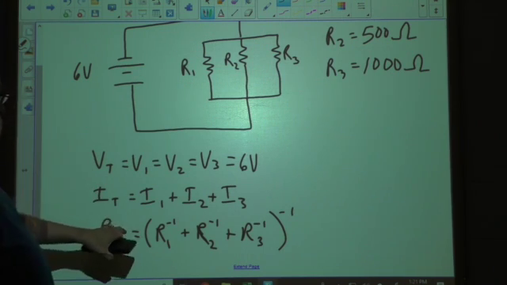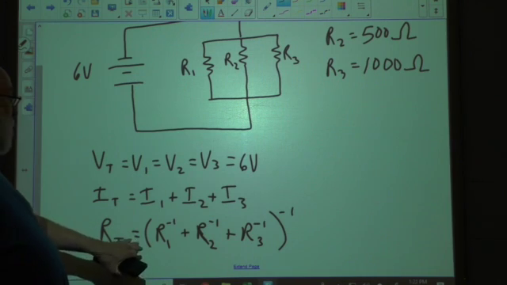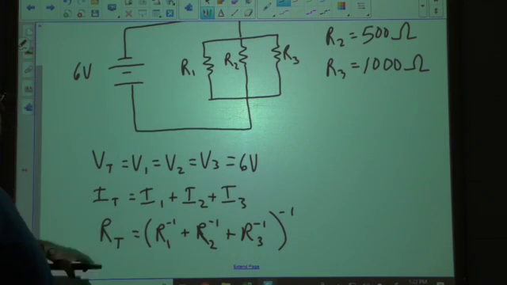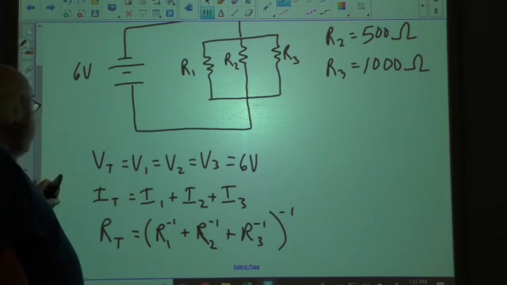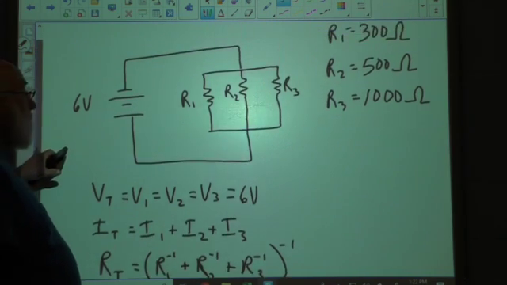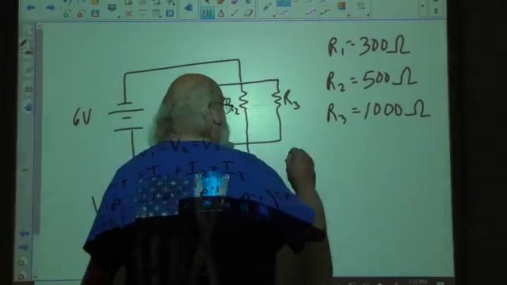The next one I would suggest is this. Give us the value of this using Ohm's law, and give us the value of this. Okay? So, let's go ahead and do that. Let's find our total here.